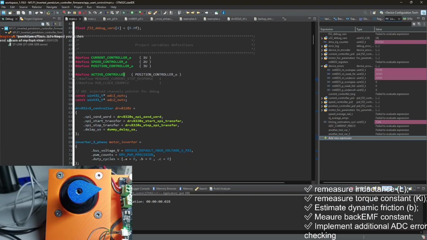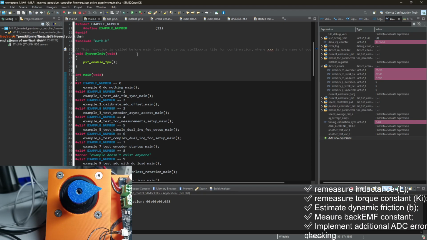I will just lower the voltage. Will it fix it? Oh, it's perfect. No errors whatsoever.